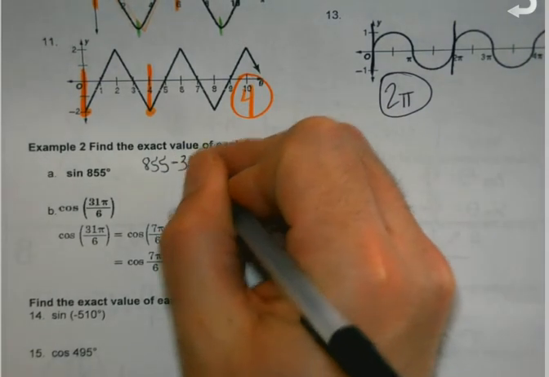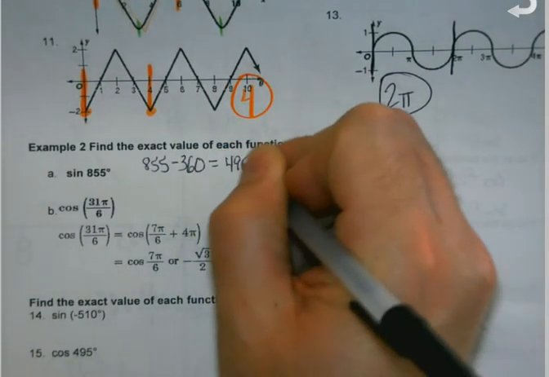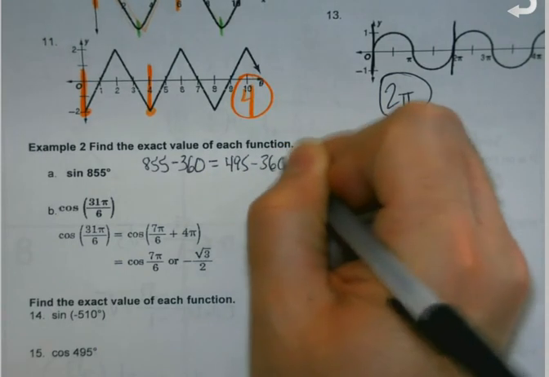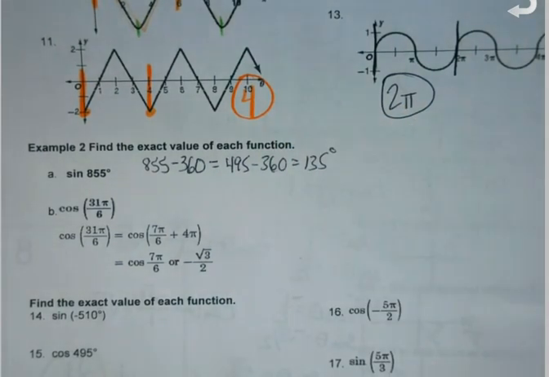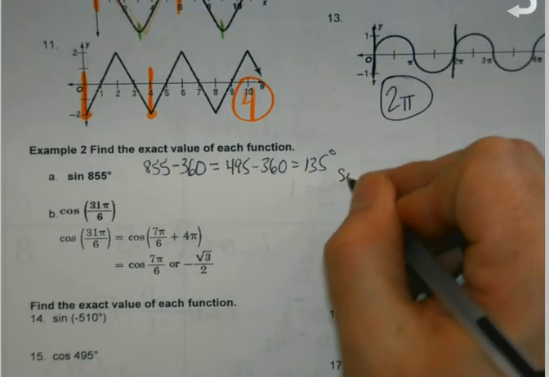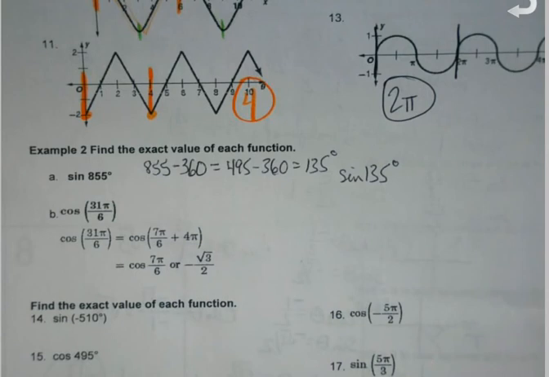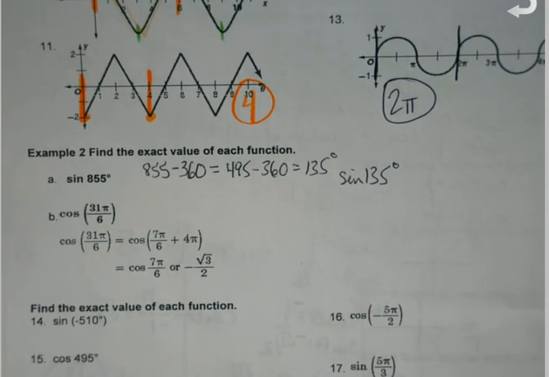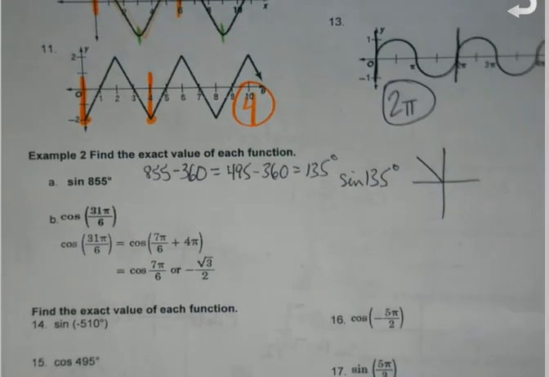So what I'm going to do is keep subtracting 360 from this until I get myself back into a degree range that's workable for me. So I'm going to be looking for the sine of 135 degrees. Okay, I got this. If I think about it for a minute, sketch if I must.